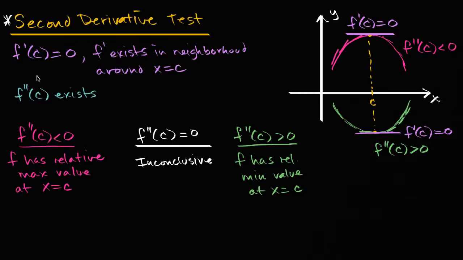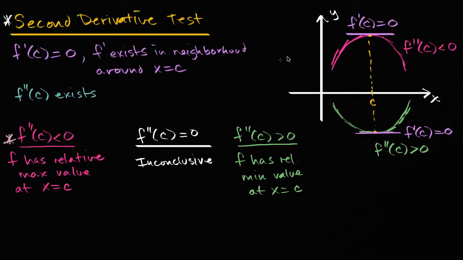Well then, we might be dealing with a maximum point, we might be dealing with a minimum point, or we might not know what we're dealing with. It might be neither a minimum or a maximum point. But using the second derivative test, if we take the second derivative, and we see that the second derivative is indeed less than 0, then we have a relative maximum point.